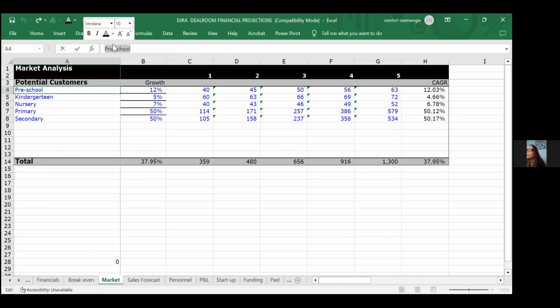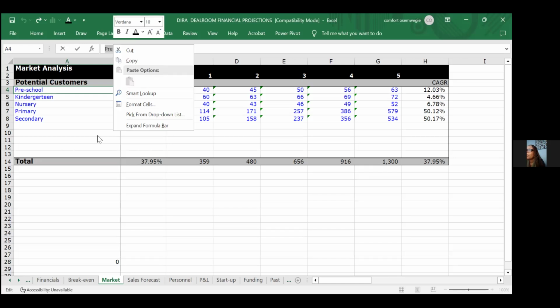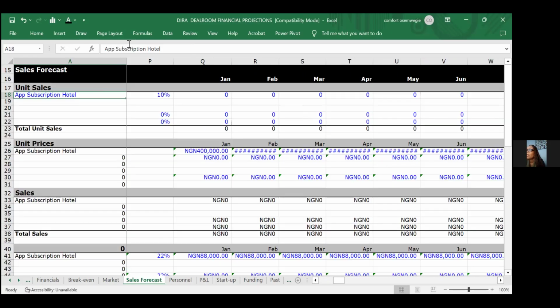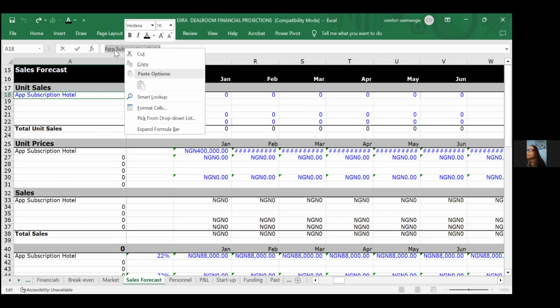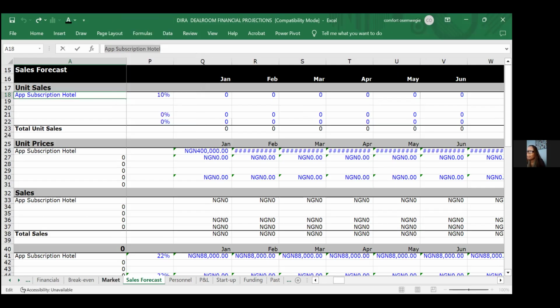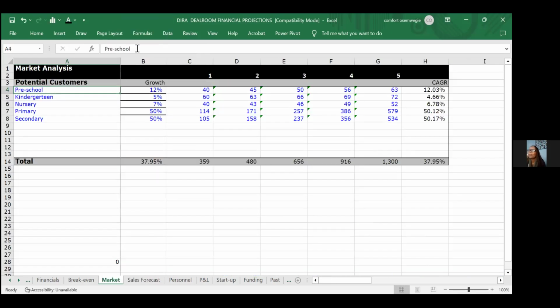App subscription. This particular Excel has, maybe my system updated something. I don't understand. I'm having to manualize my name, and that is what I don't know. Okay, that was supposed to be easy, but it wasn't actually.